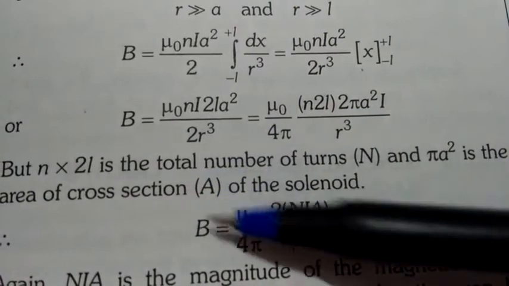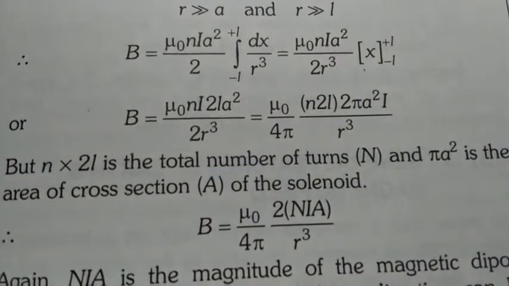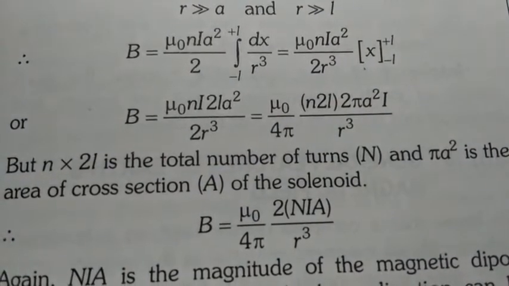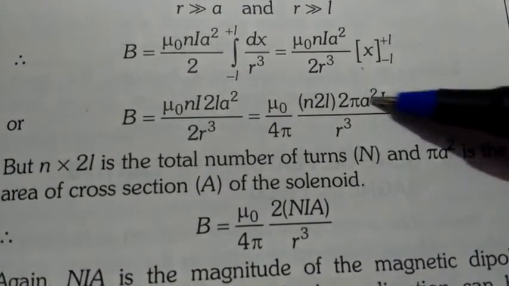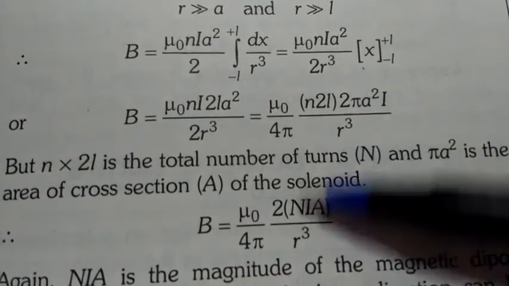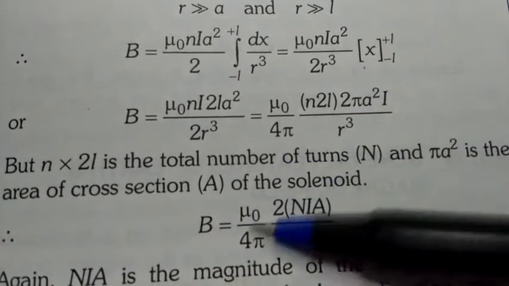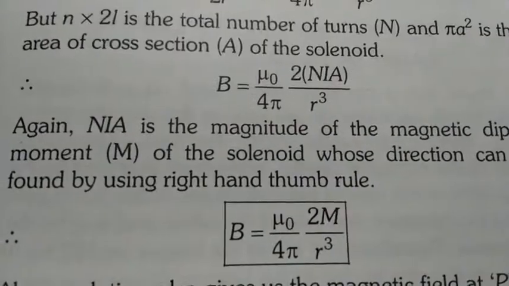Now n into 2L is the total number of turns, which is capital N, so in place of n into 2L we put capital N. This is the required formula.